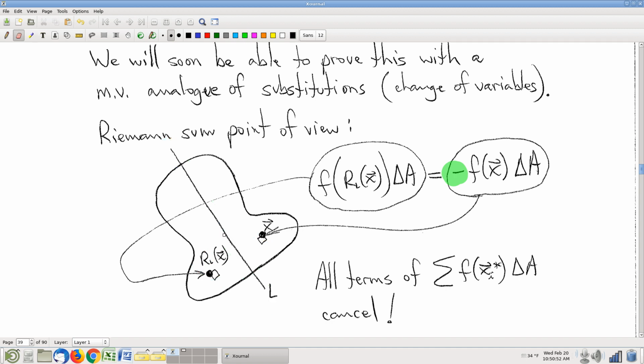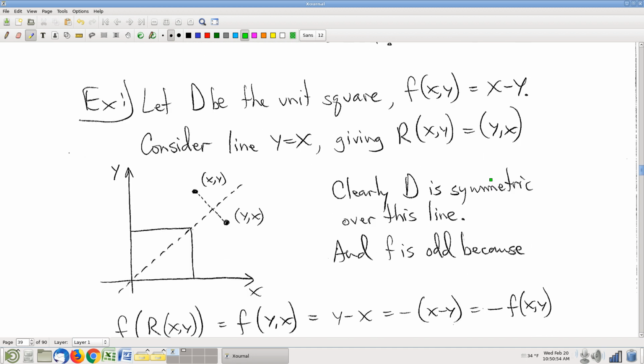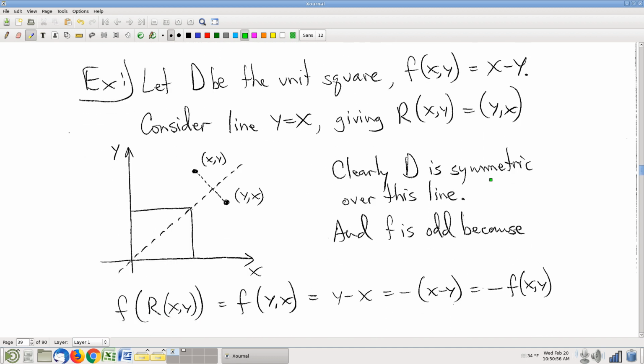Okay, all right. So, example, suppose my domain is this unit square right there. Suppose my integrand is this function. Now there's a well-defined question: compute the double integral of this function over that domain.